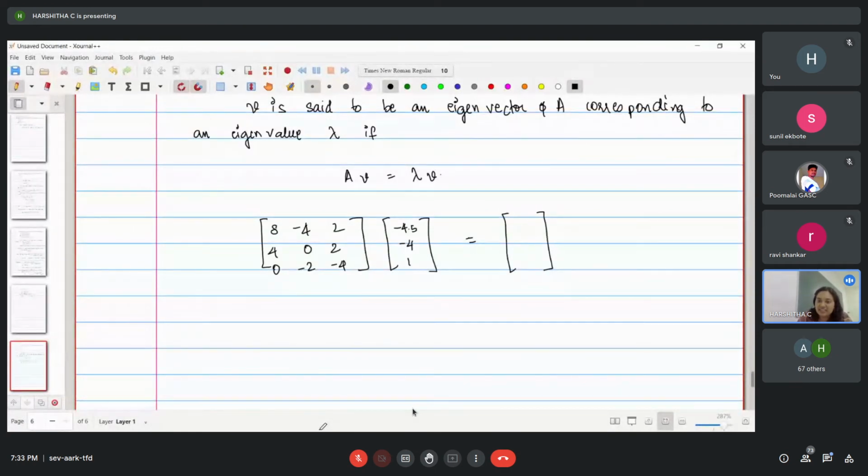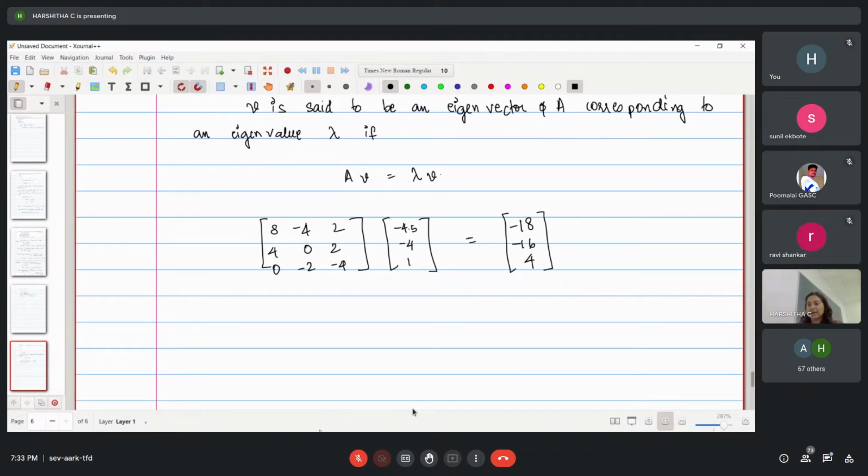Just the first entry, or any one of them. First entry is minus 18. The remaining entries, I'll just tell you what they are.